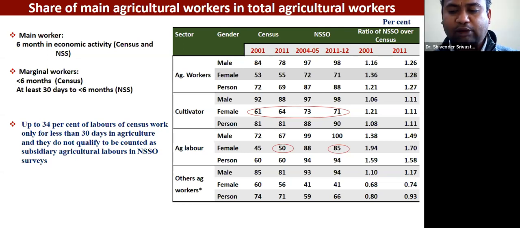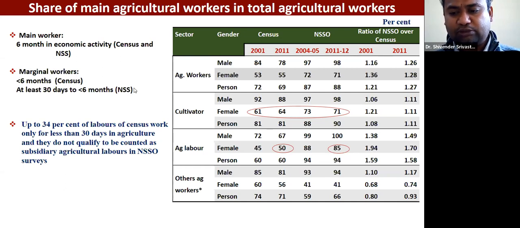And then the other class of worker, we say, is the marginal worker. It may be possible that a person is employed as a main worker on the major time criterion, but he may also do another activity for a short period of time, so he may also be classified as a marginal worker. The census defines a worker as a marginal worker if he is working for less than 6 months.